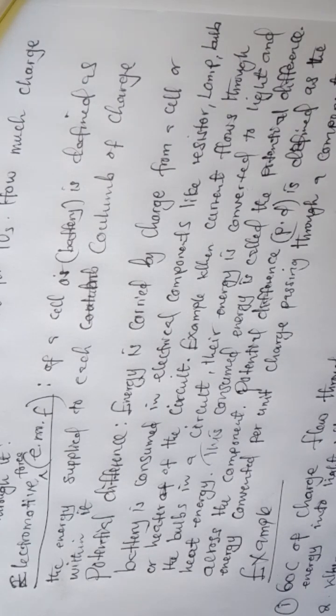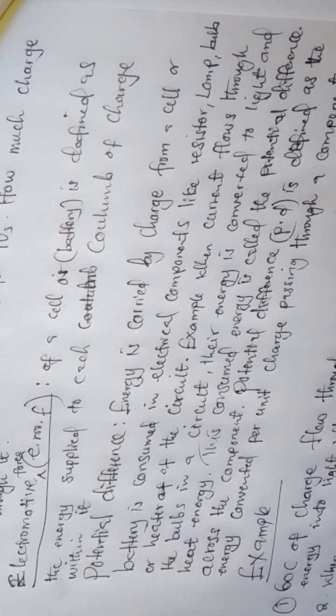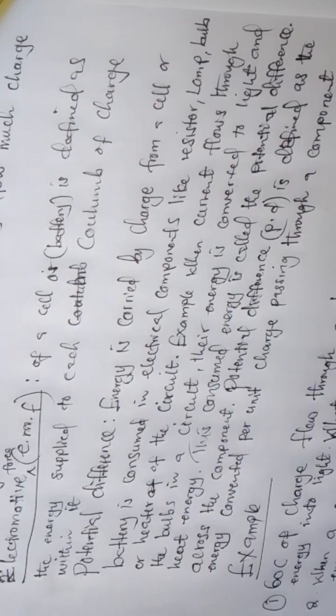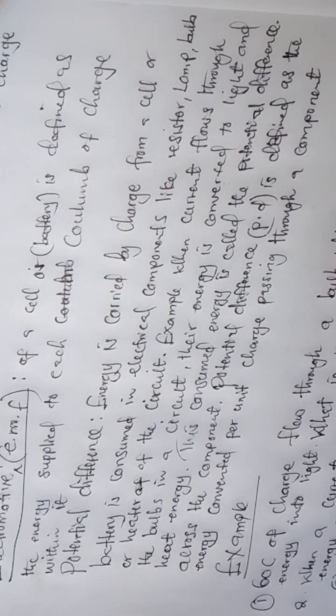They're saying the energy which is being carried by charge from a cell or battery is consumed in electrical components like a resistor, lamp, bulb, or heater of a circuit.